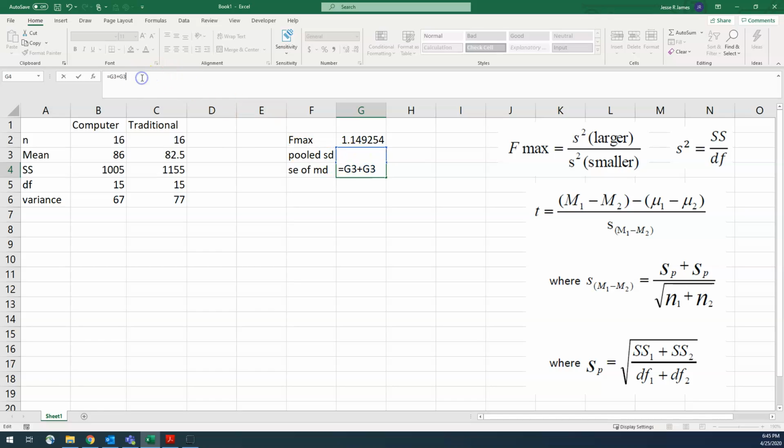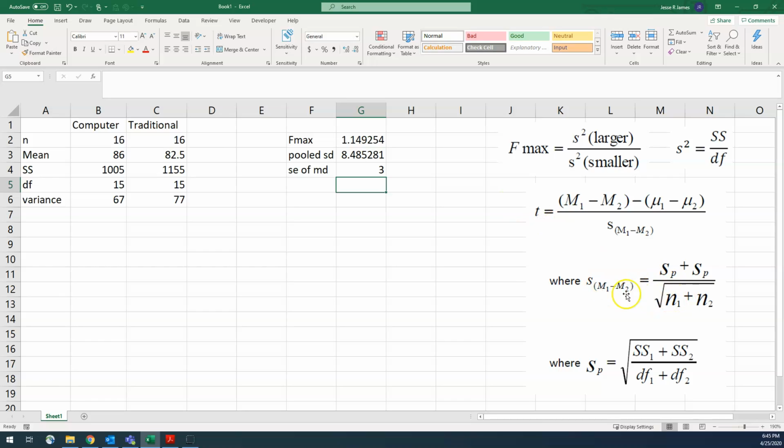And then, of course, I'm going to put some parentheses around that to say, do the numerator first, add together the two components of the numerator, and then divide it by the square root, open parentheses, of n1 plus n2. So n1 is 16 plus n2 is 16, end parentheses. And when I push enter, that right there is the standard error of the mean difference.